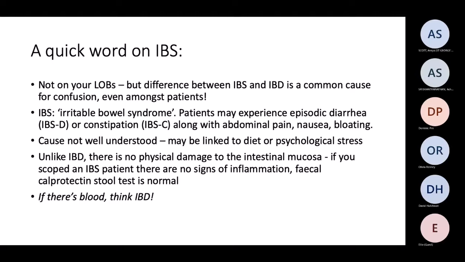So that's a really good baseline test for somebody with bowel symptoms. If the calprotectin is negative, it's quite unlikely to be IBD. But if there's significant amounts of bleeding, and we've ruled out things like piles as well, then one of your top differentials is going to be IBD.